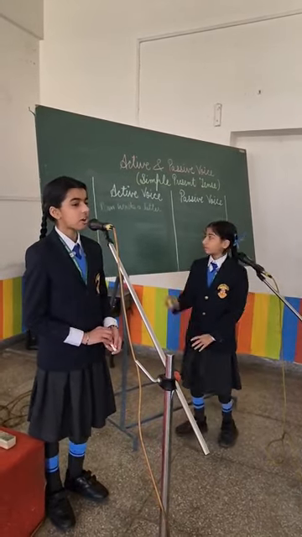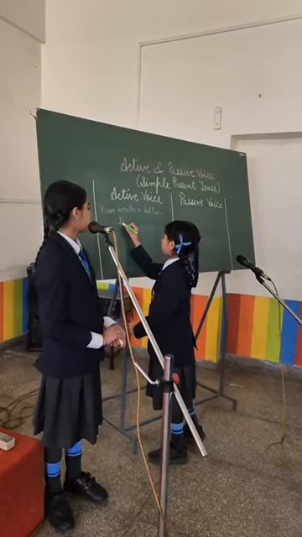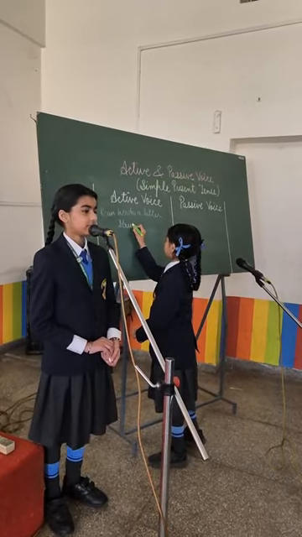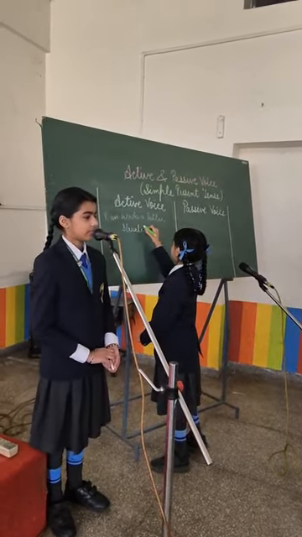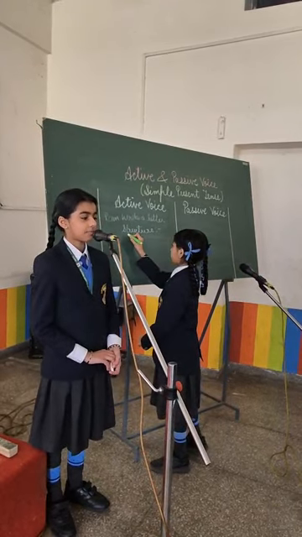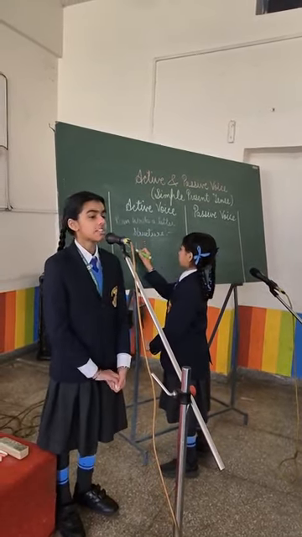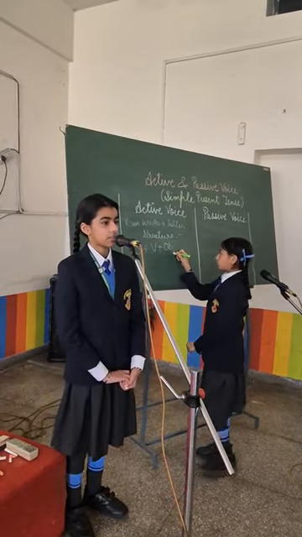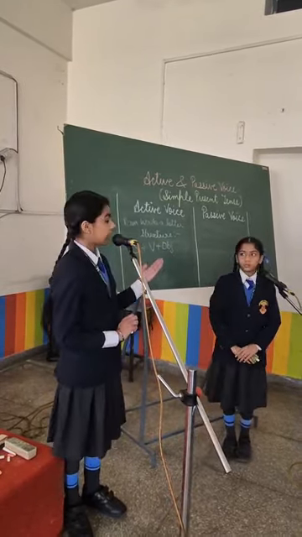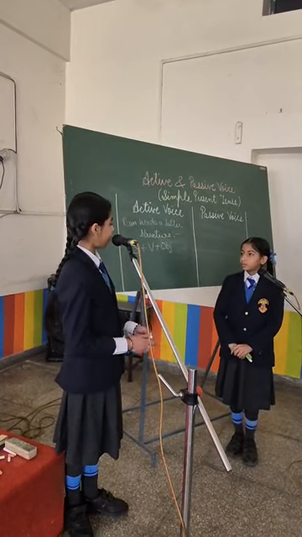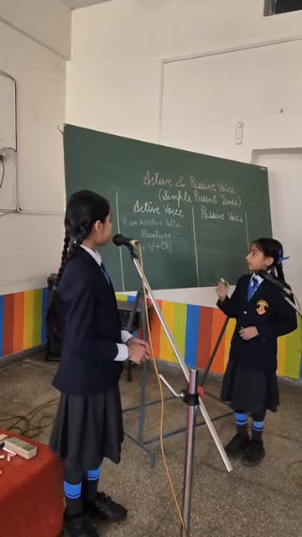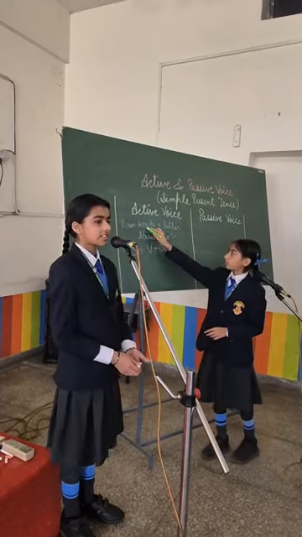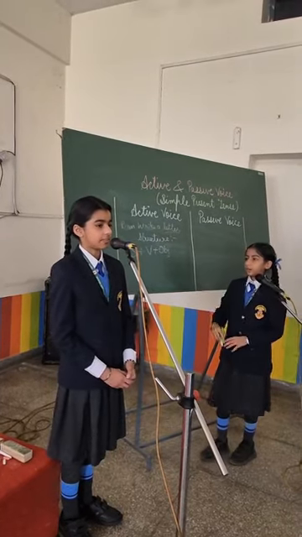So, the structure of active voice is subject plus verb plus object. You can see here the subject is Ram, the verb is writes, and the object is a letter.